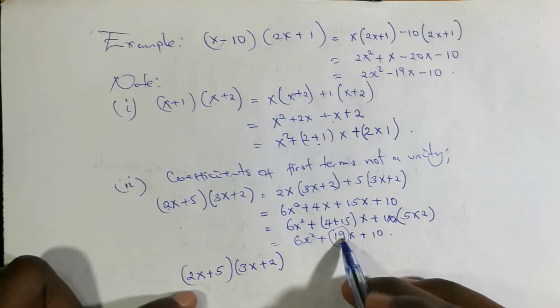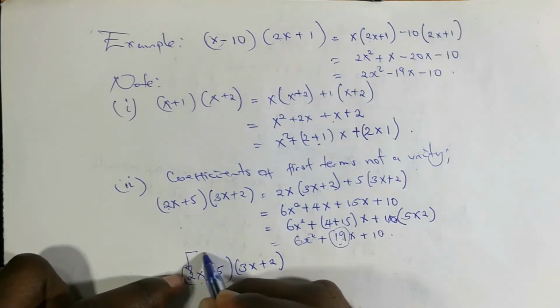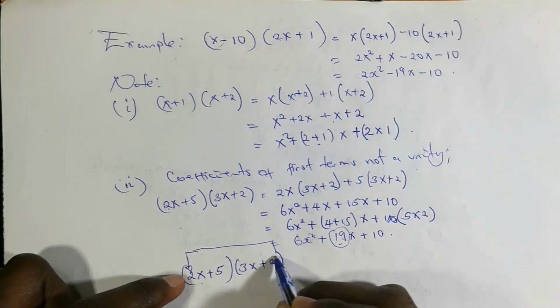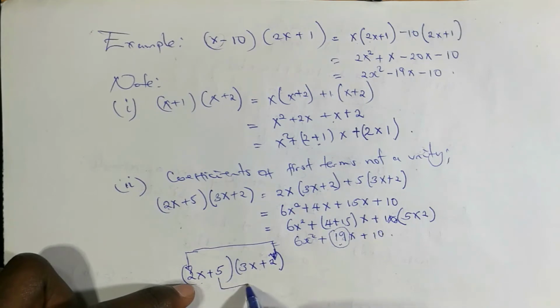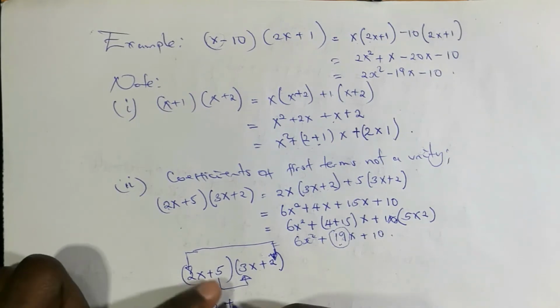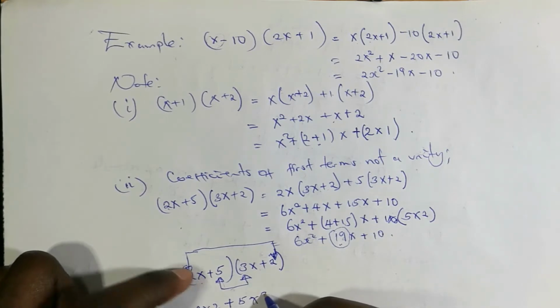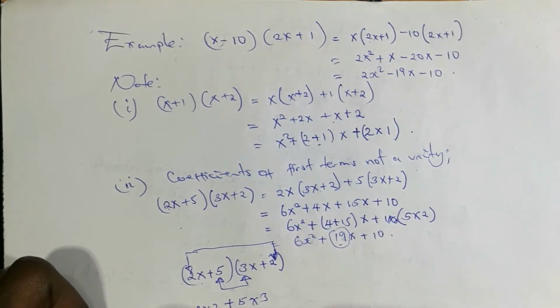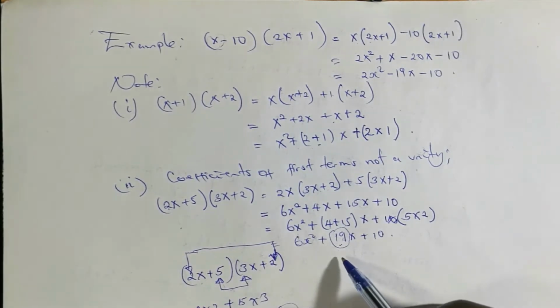We said that 19 will come about by multiplying this 2 with that, then adding it to this times that. So we have 2 times 2 plus 5 times 3, which is 4 plus 15, giving us 19, which gives us that middle term.